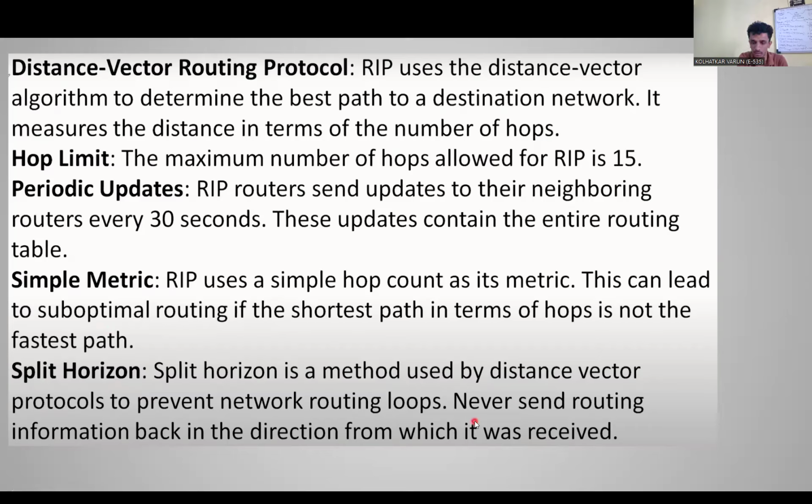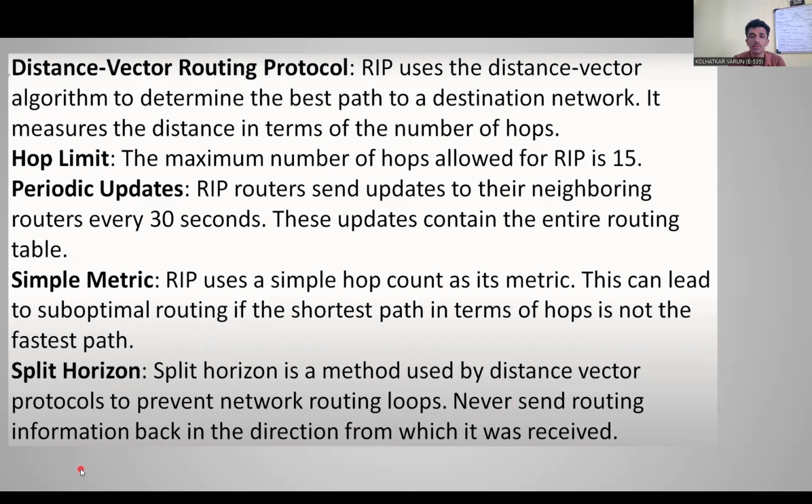So the main point is to prevent network routing loops. Never send routing information back in the direction from which it is received. So regarding the redundancy of the data, we are preventing unnecessarily caused data by using this split horizon feature of the RIP protocol.